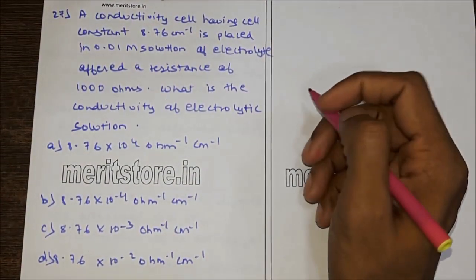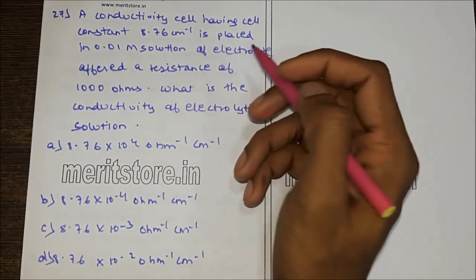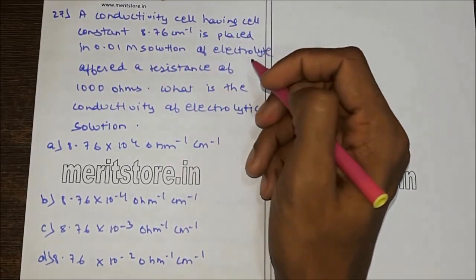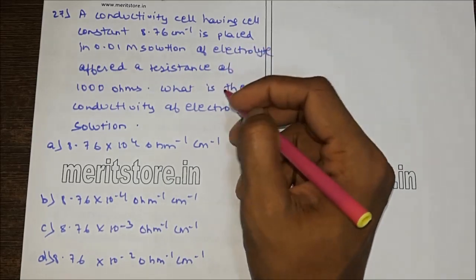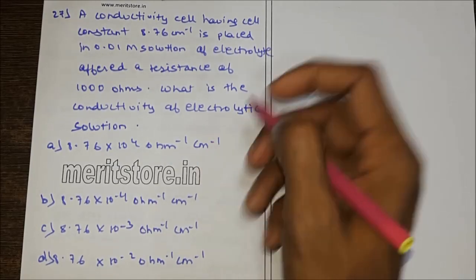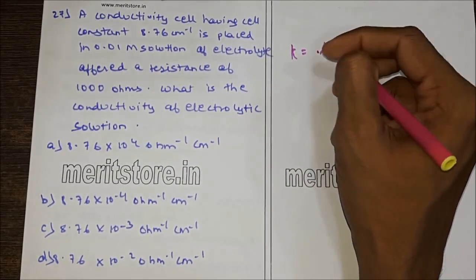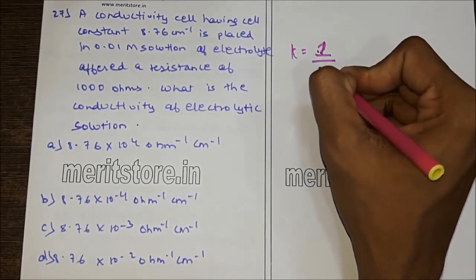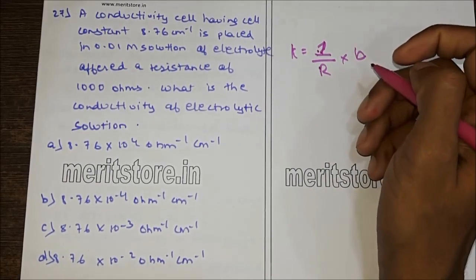Question 27. A conductivity cell having cell constant 8.76 per centimeter is placed in 0.01 molar solution of an electrolyte and offers a resistance of 1000 ohms. What is the conductivity of the electrolytic solution? We are given four options. We have K equal to 1 upon R into b, where K is the conductivity, R is the resistance, and b is the cell constant.